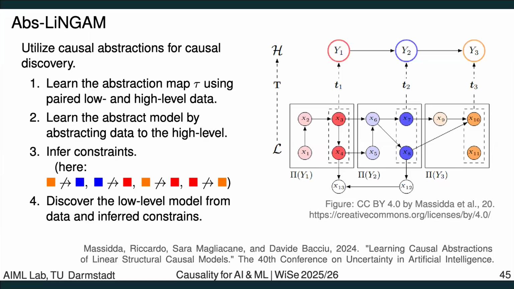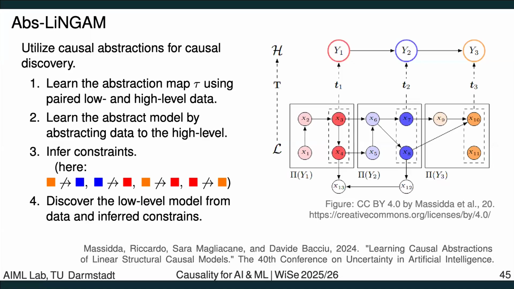I have a few data points or some smaller data set where I have low-level and high-level data paired. So for every low-level observation, I have a high-level observation. And I might want to use that to improve my causal discovery.